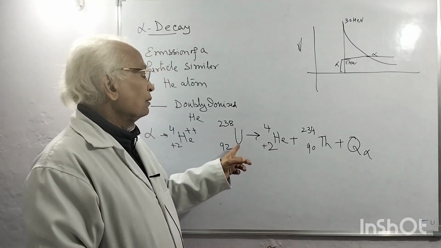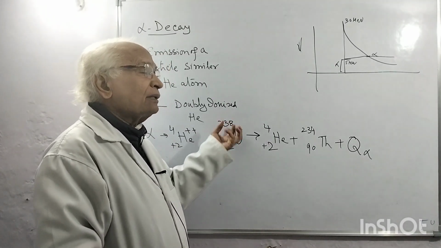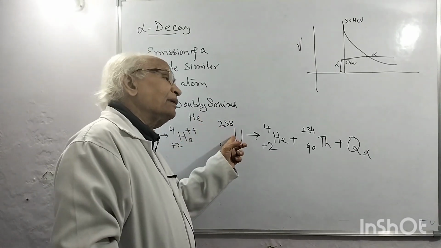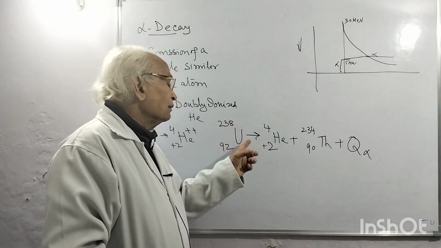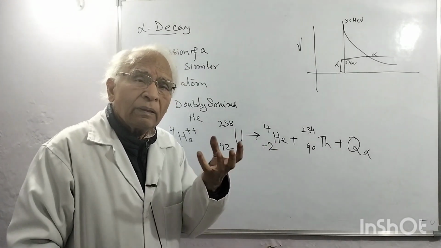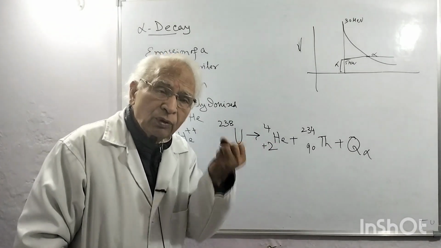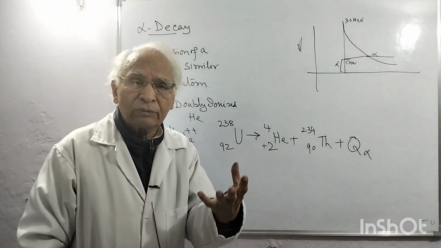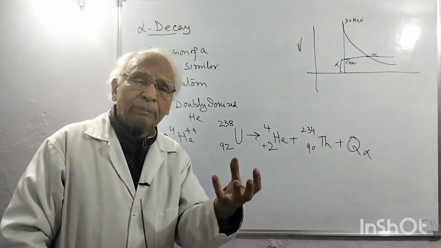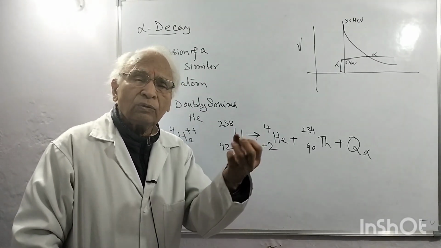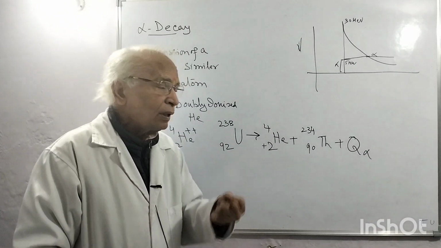So when a system is bound, there is some mass loss. To make the particle free, you have to provide the energy. So the alpha particle is formed by combining 4 nucleons. When 2 nucleons combine, there is mass loss and a deuteron is formed. When 3 nucleons combine, a triton, tritium, is formed. When 4 nucleons combine, helium is formed.